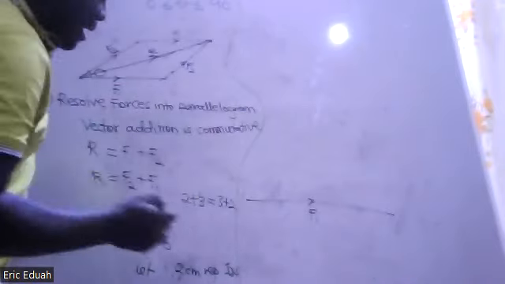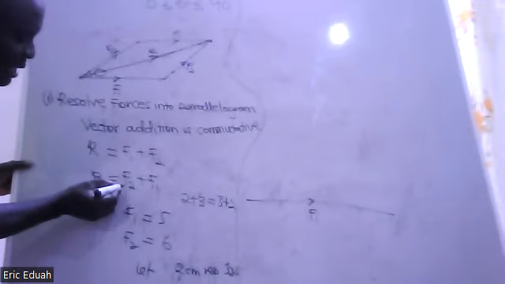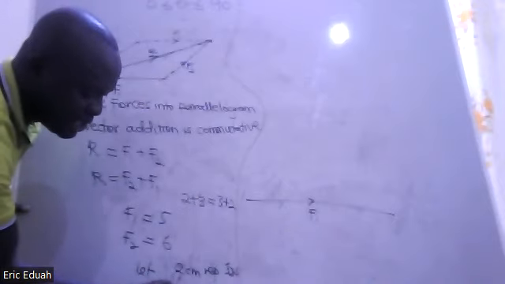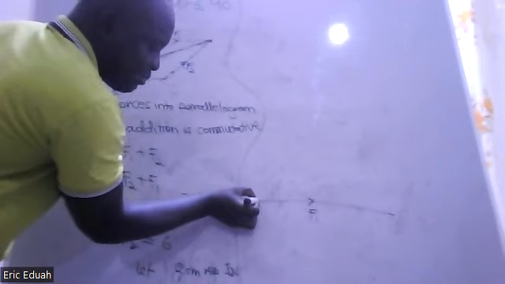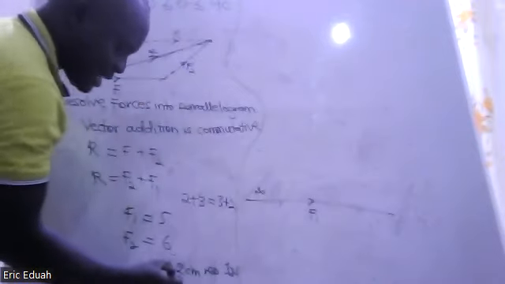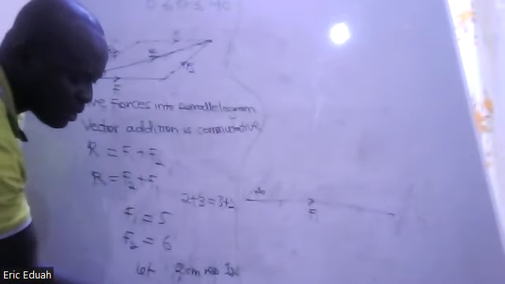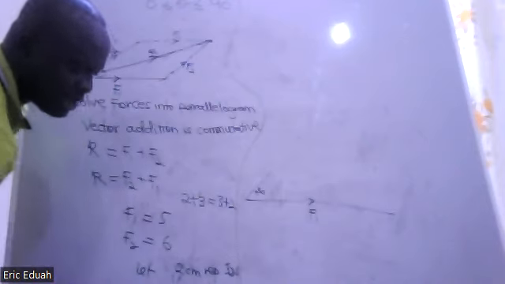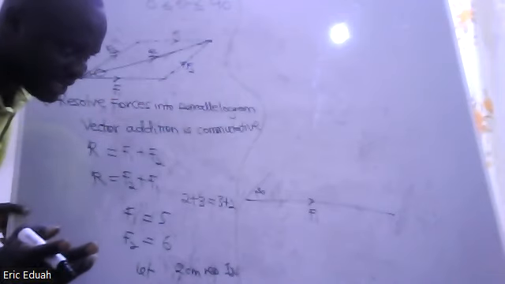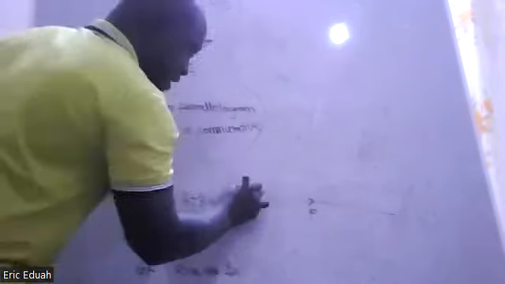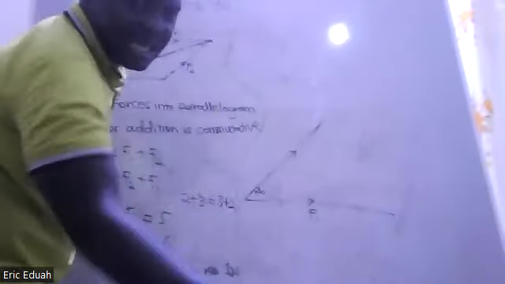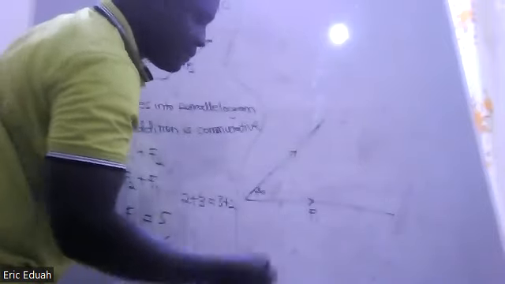F2 is 6. But you see, you have to be given the angle between the forces. Maybe the angle between them is 30 degrees. So after measuring 30 degrees, I measure F2. F2 would be 6 Newton. So how many 2 centimeter boxes do I choose? 6, is that correct? Yes, please. Good. So 6.